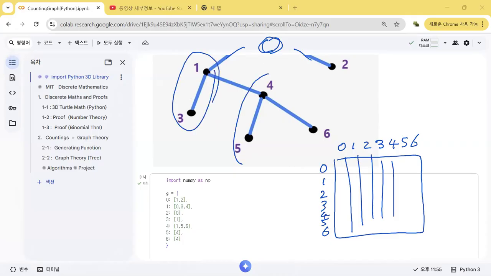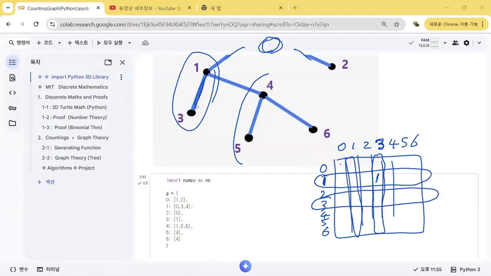Then, for example, look at 1, 3. So this is 1. How about the 3? 0, 1, 2, 3. Okay, like this. So from vertex 1 to vertex 3, there is an edge, so you can write down 1 over there. Then how about vertex 3 and vertex 1?